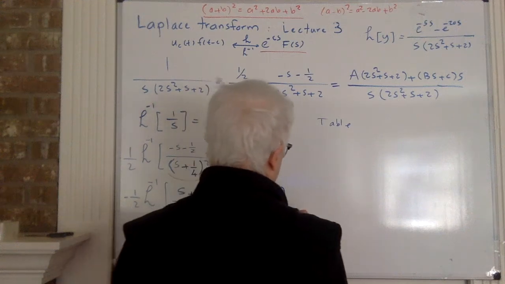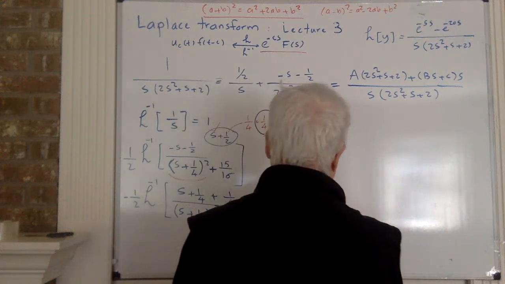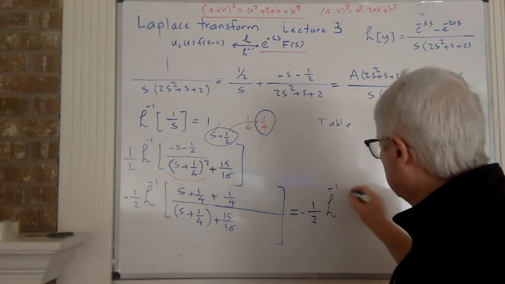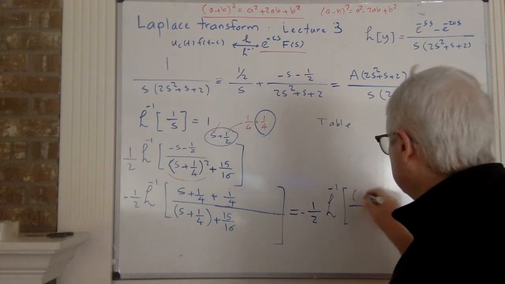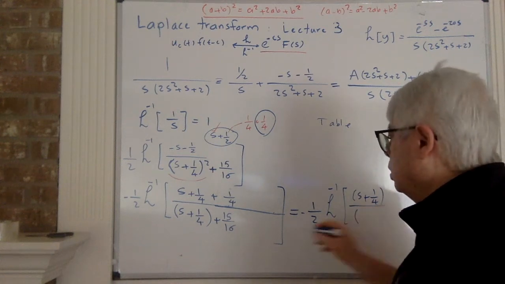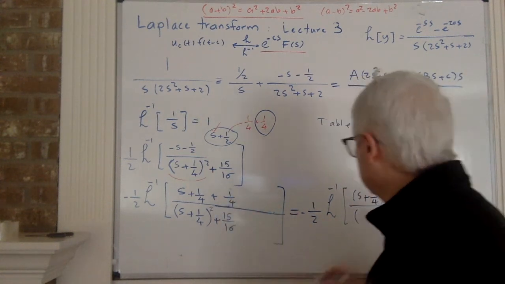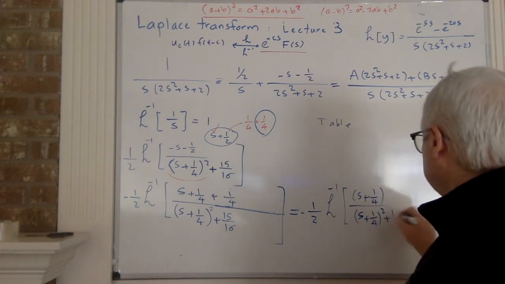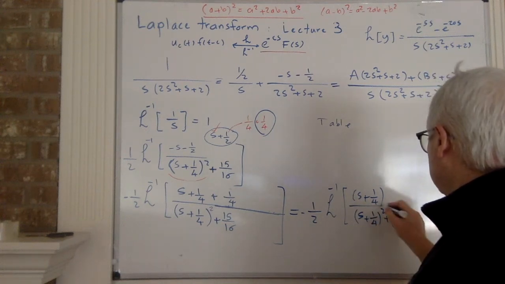So I have minus 1/2 L inverse of s plus 1/4 over s plus 1/4 squared plus 15 over 16.